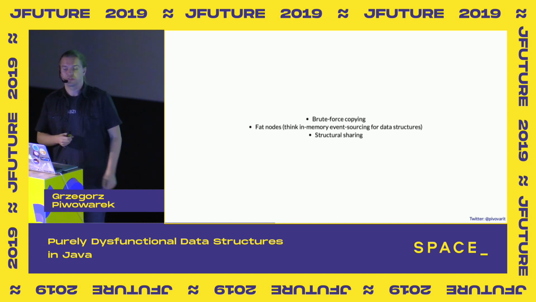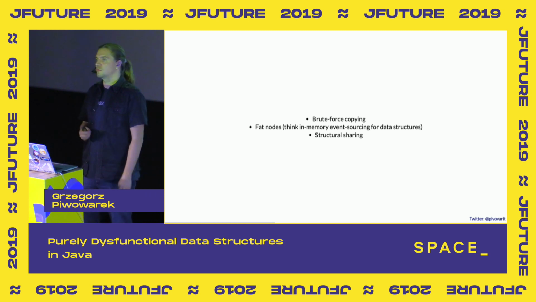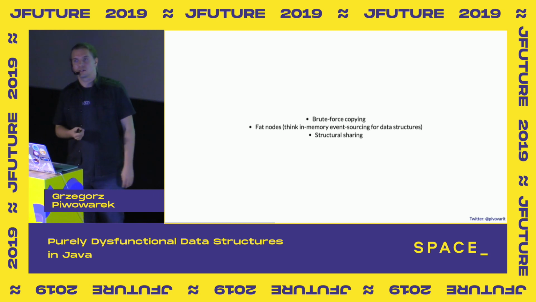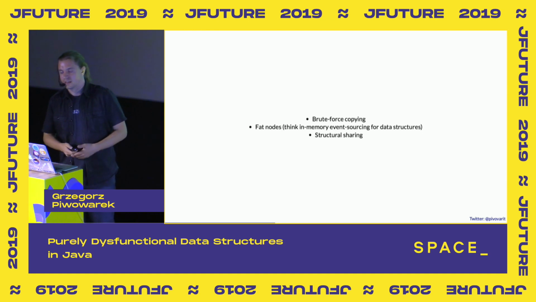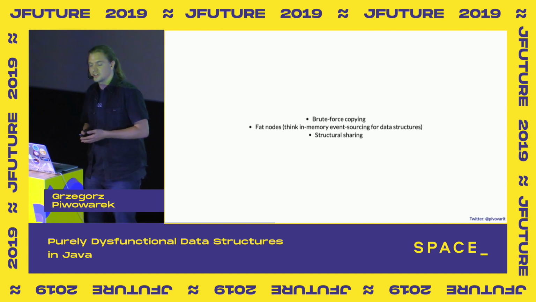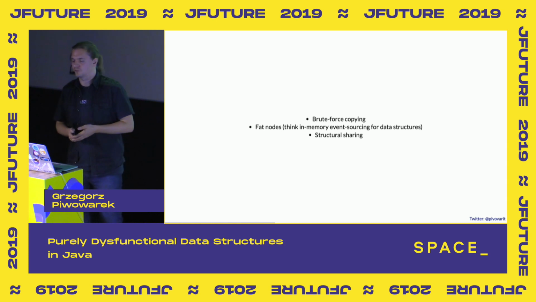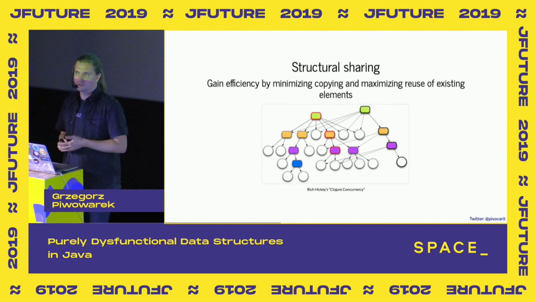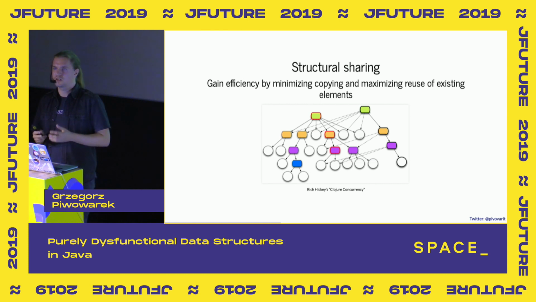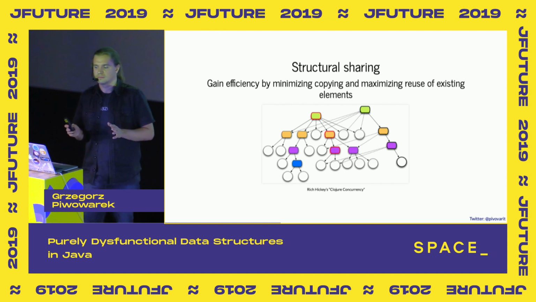And this is how we arrive at structural sharing, which is effectively the most practical idea how to attempt implementing immutable data structures. Structural sharing, the idea is very easy. It's a bit harder to implement. If you remember, what we said a few minutes ago is that immutable data structures and any immutable values can be safely memoized and shared between threads everywhere.